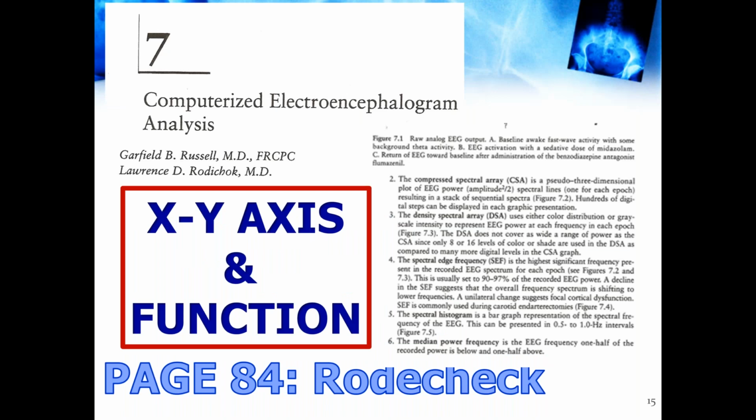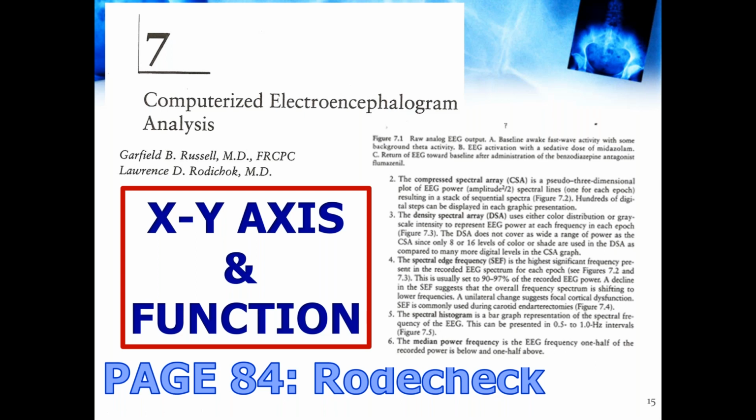There is a book written by Rodacek and Russell that dedicates a chapter to quantitative EEG in the OR, or computerized EEG. And you should know for these different formats, CSA, DSA, spectral edge frequency, what is on the x-axis, what is on the y-axis, as well as what's the function of that graph, what does it tell us?